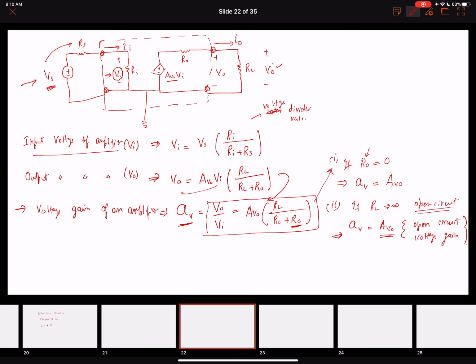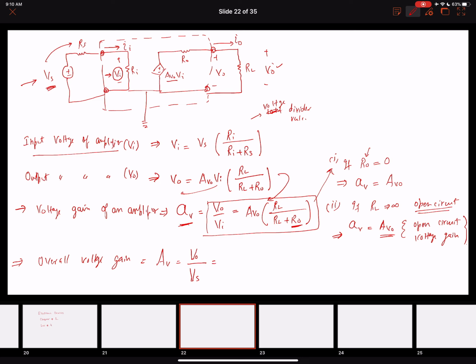Okay, so the other gain that I want to talk about now is the overall voltage gain. Overall voltage gain, capital AV, can be rewritten as the output of the amplifier divided by the source that we have connected that we want to amplify.